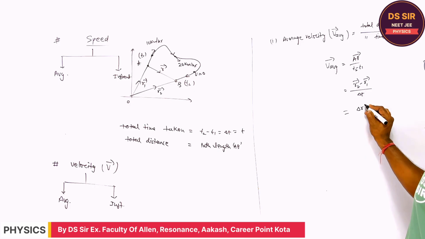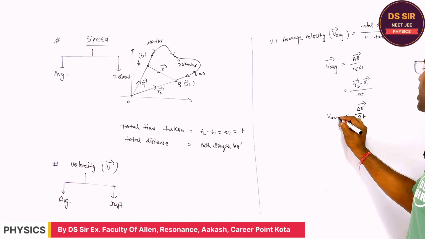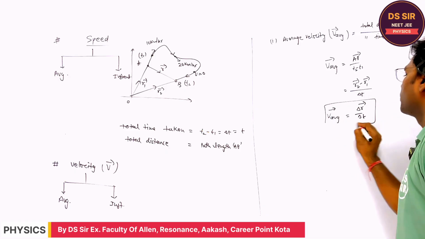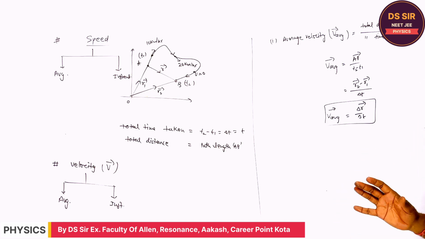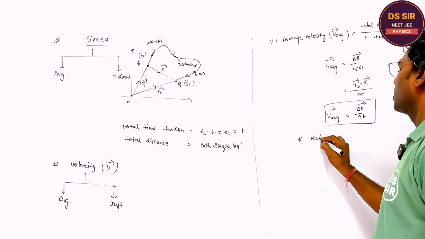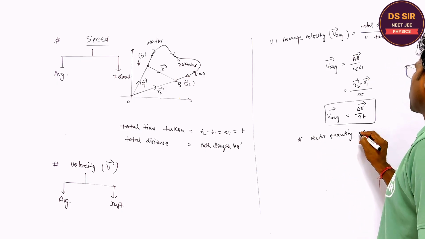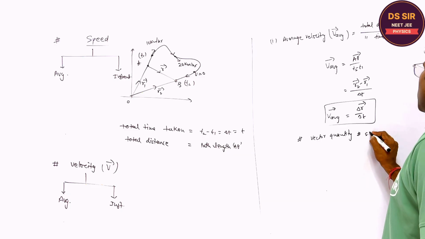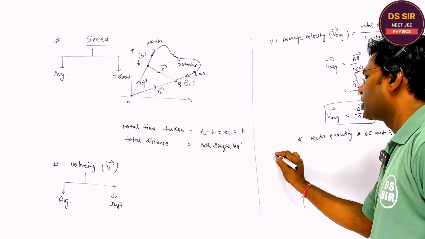So delta R upon delta T, can we write like this? This is the average velocity. Total displacement divided by total time is defined as the average velocity. It is a vector quantity. SI unit is again meter per second. Is it clear or not, you tell?